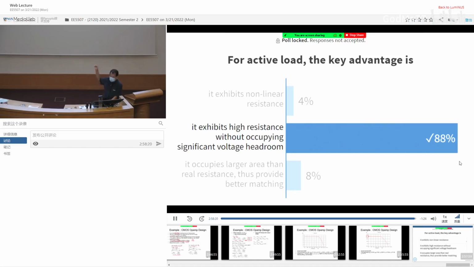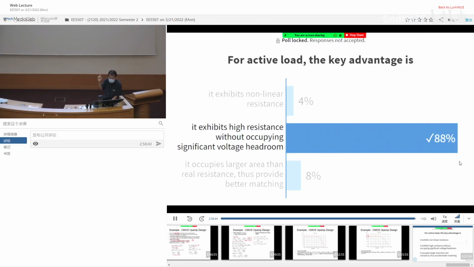The first one, is it an advantage or disadvantage? Disadvantage. It's actually a non-linear resistance. Okay, so if you use it right away for an open loop amplifier, you are going to suffer a lot in terms of linearity. Okay, so that is not good. So it's not an advantage.